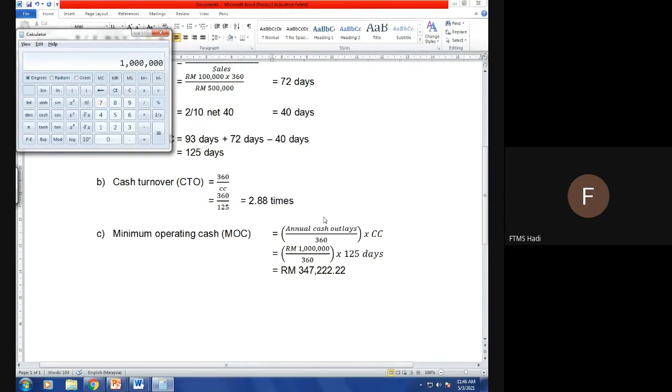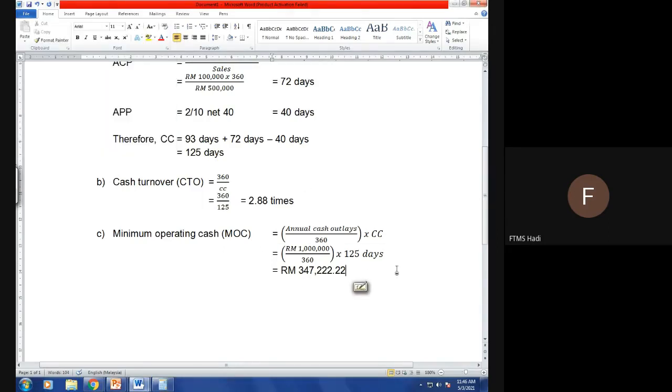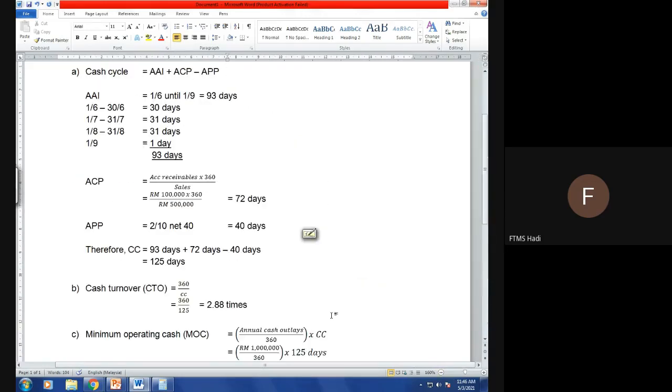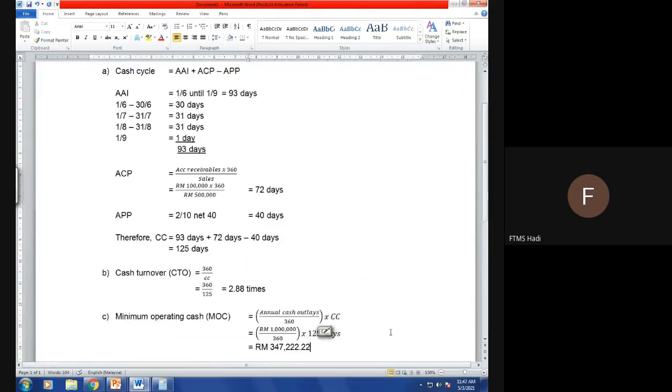That means the answer is correct. One cycle takes 347,000, but for 1 year, which is 1 million ringgit, and one cycle takes 125 days to complete.